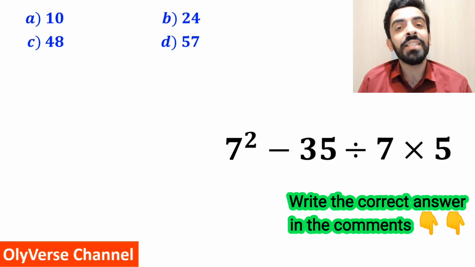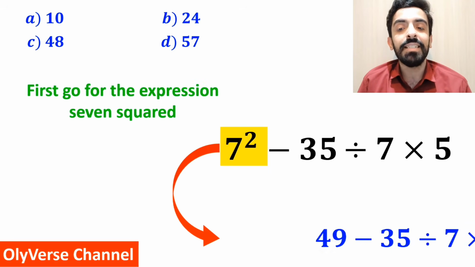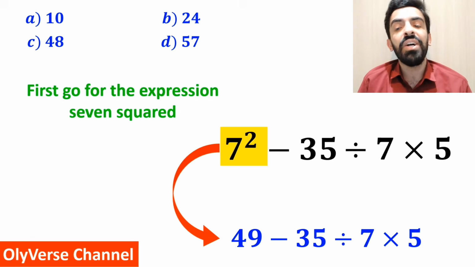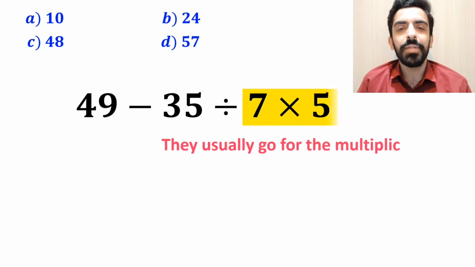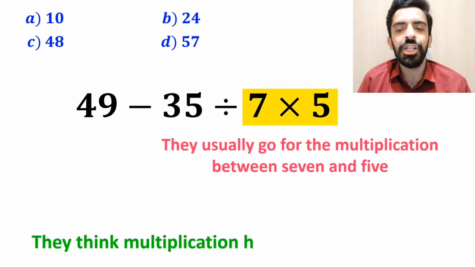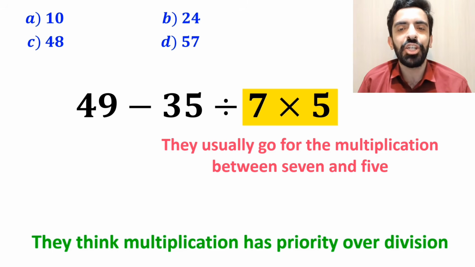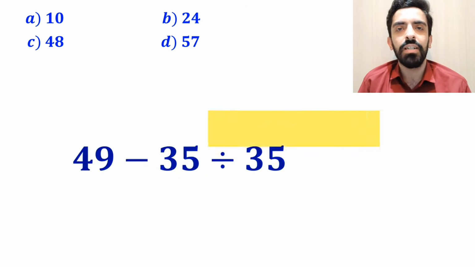Also, some other people when solving this question first go for the expression 7 squared and they simplify to 49 minus 35 divided by 7 multiplied by 5. And the next step, they usually go for the multiplication between 7 and 5 because they think multiplication has priority over division. So, they rewrite this expression as 49 minus 35 divided by 35.